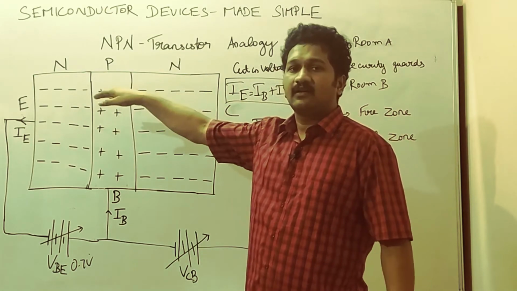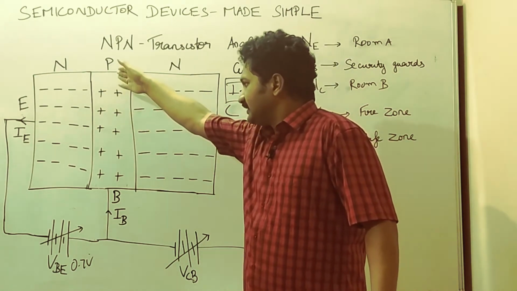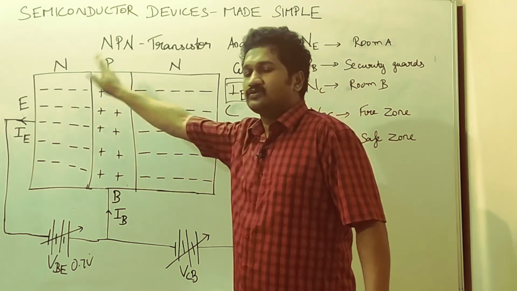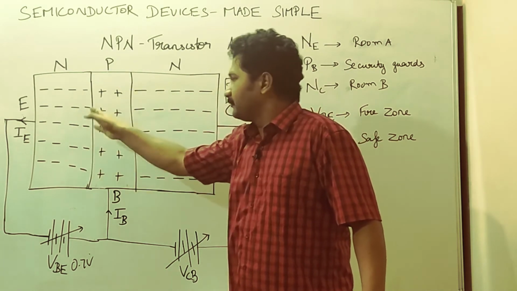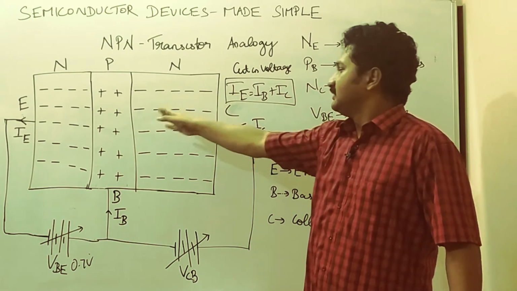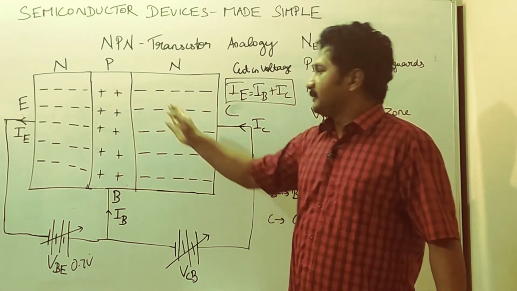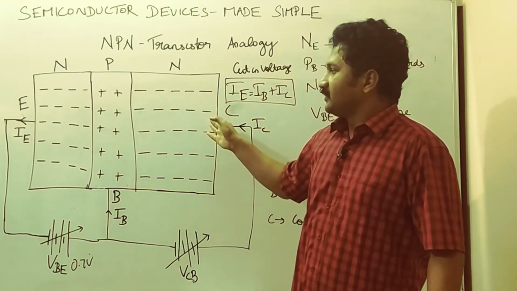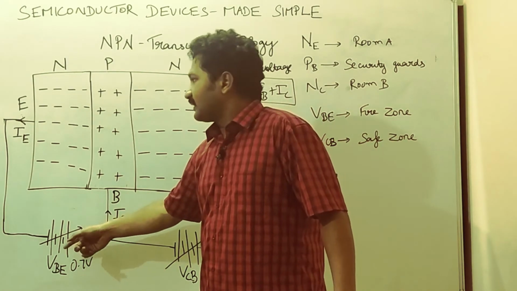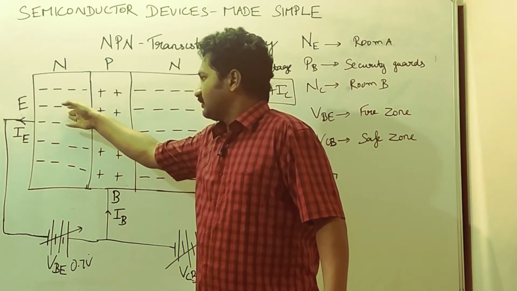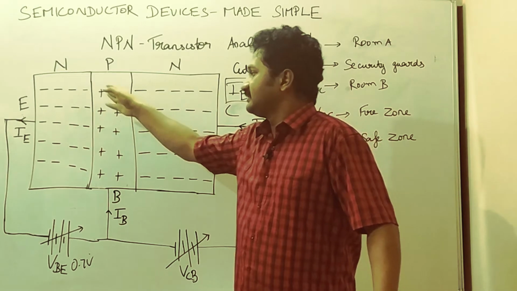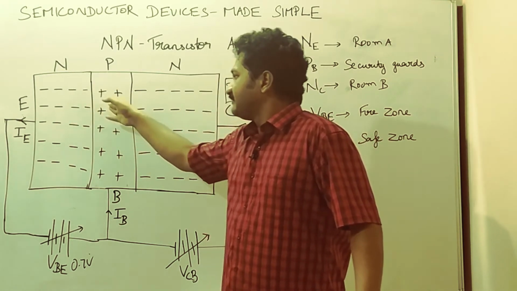Similarly in the analogy, these 10 security guards will be able to stop only 10 people from moving across this region to room B. So the remaining people will start to move. As the fire increased, people start to move in this region. In the same way, electrons recombine with these holes.